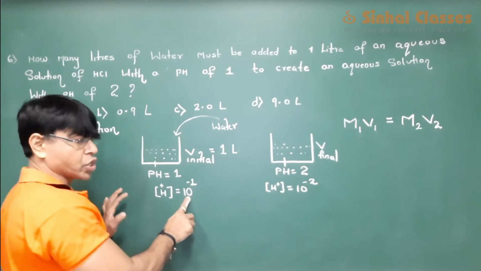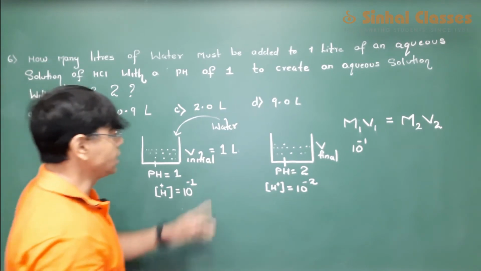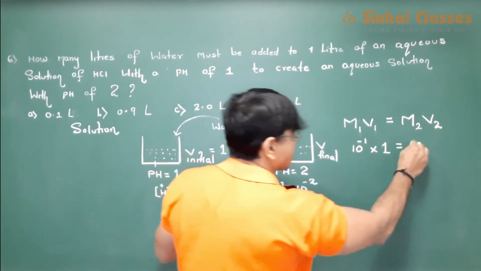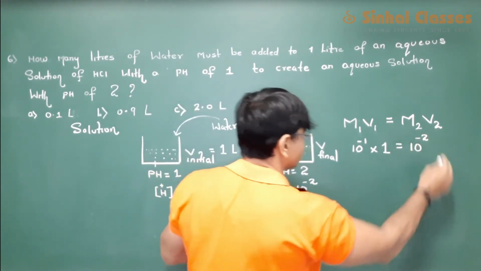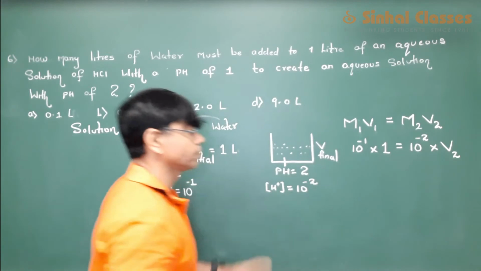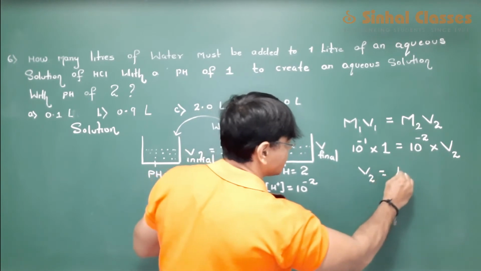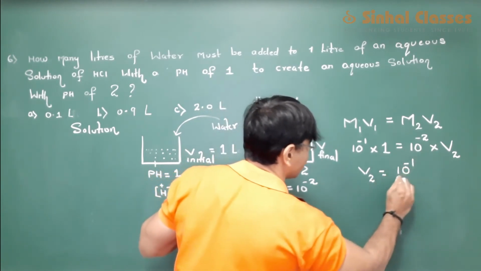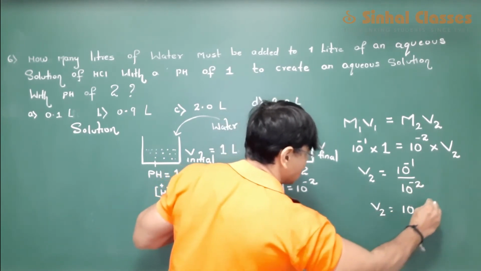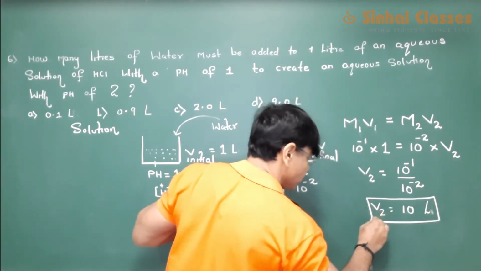Initial concentration is 10 raised to minus 1 and initial volume is 1 liter. The final concentration is 10 raised to minus 2. What should be the final volume, V2? Final volume V2 will be 10 raised to minus 1 divided by 10 raised to minus 2. So final volume comes out as 10 liters.